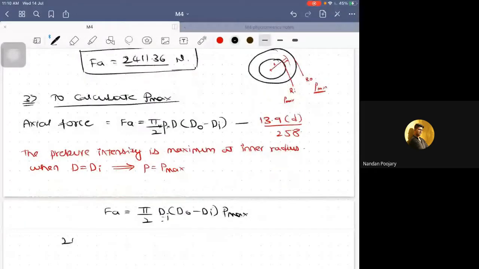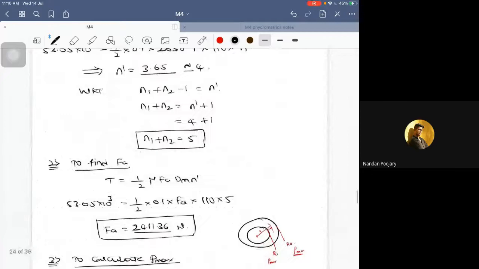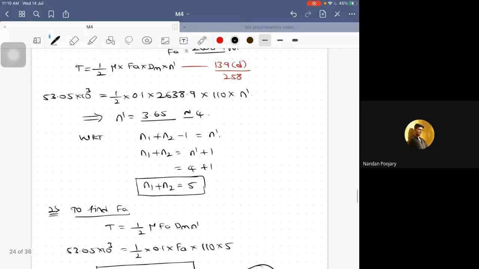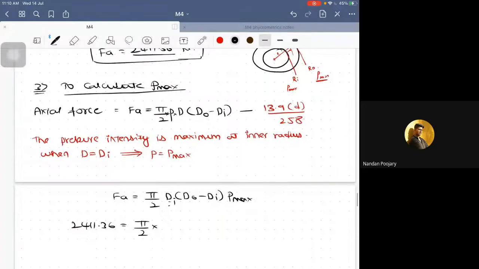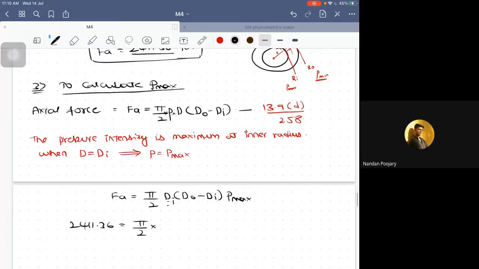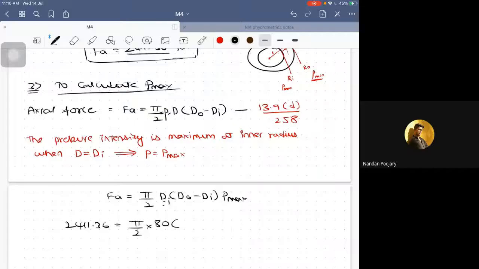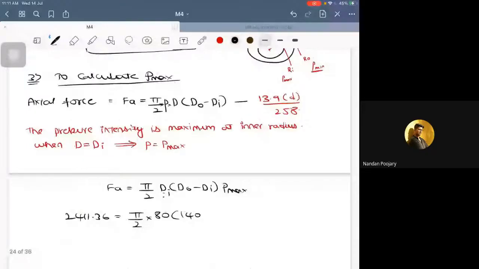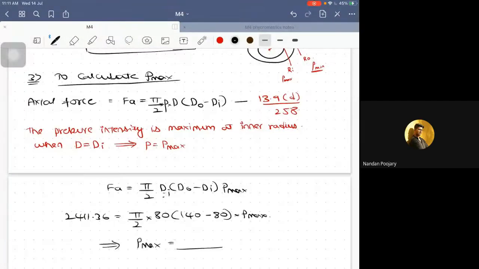So 2411.36 is equal to pi by 2 cross what is the value of Di? 80. D naught is 140, I guess. 140 minus 80 into Pmax. So from this, I will have the value of Pmax in megapascal directly.